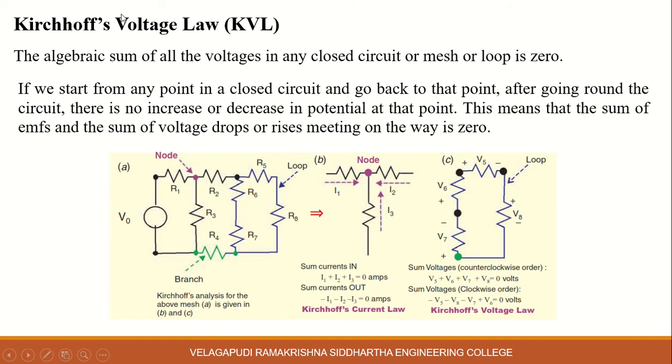Next is Kirchhoff voltage law. The algebraic sum of all the voltages in any closed circuit, mesh or loop is 0. If we start from any point in a closed circuit and go back to that point after going round the circuit, there is no increase or decrease in potential at that point.